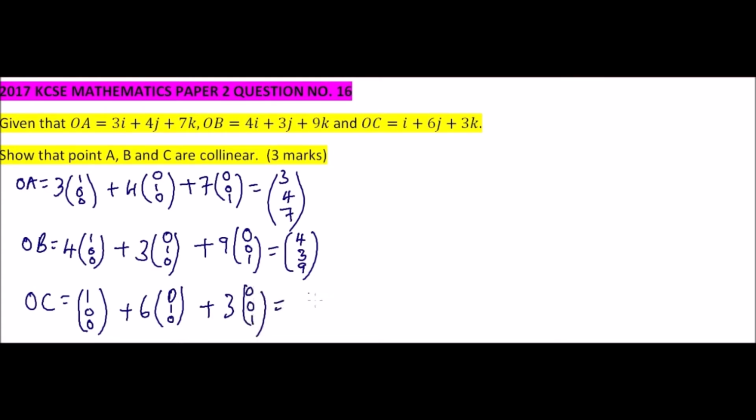When you open the bracket, you have 1, we have 6, and we have 3. Then we can write our OA is equal to 3, 4, 7, meaning the coordinates of point A are 3, 4, 7. These are the coordinates.